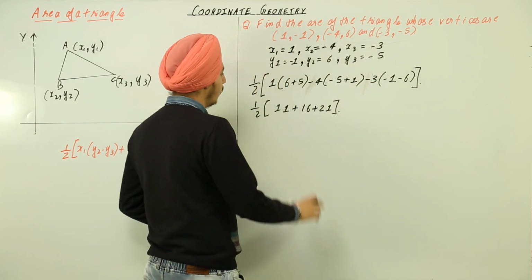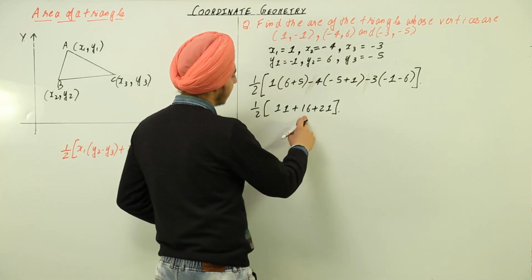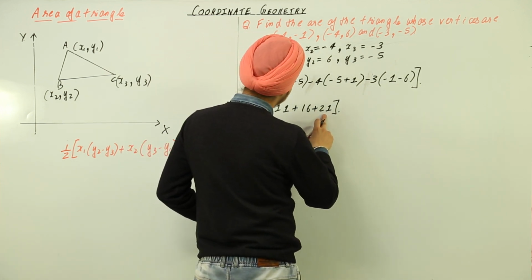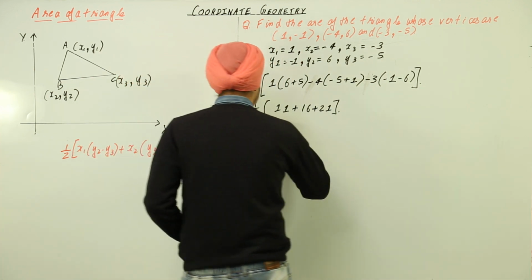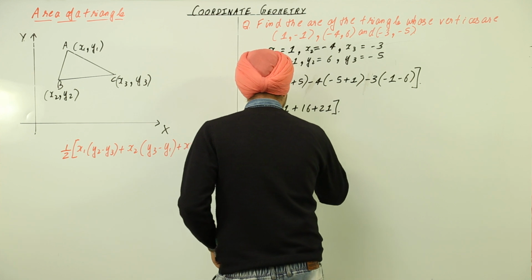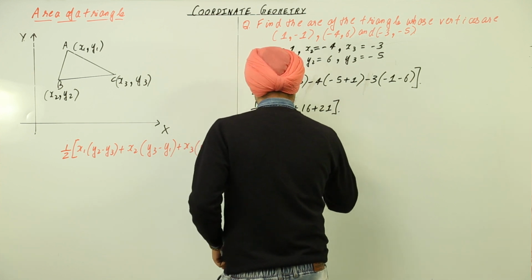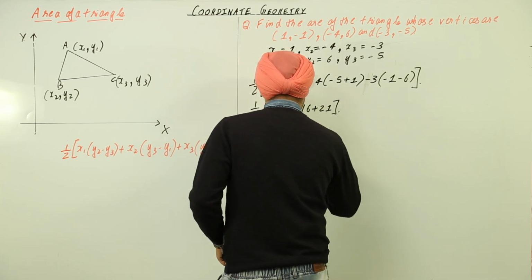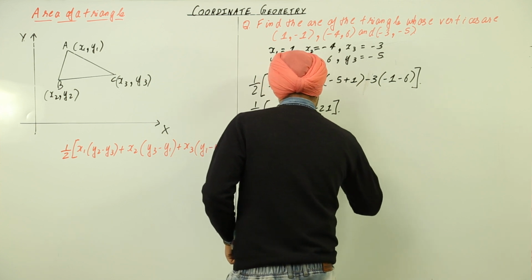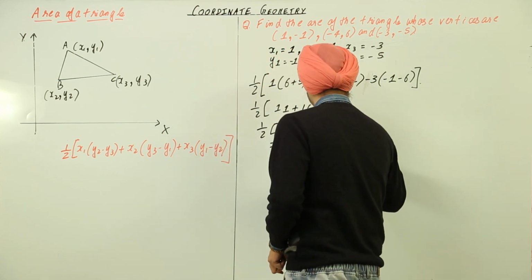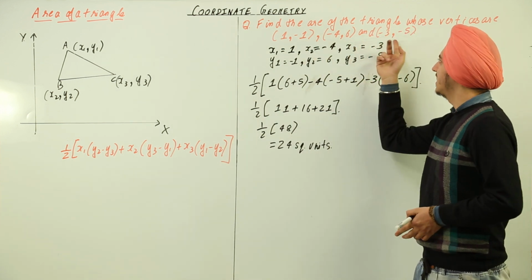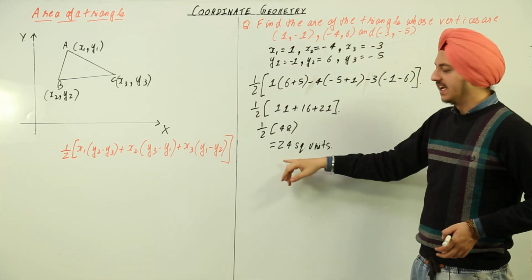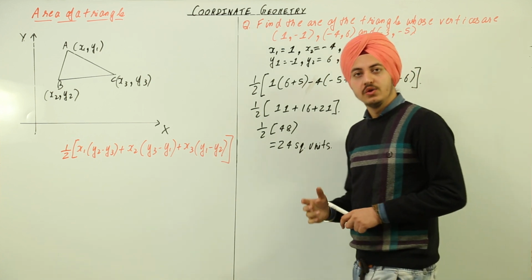Now 16 plus 21 is equal to 37, plus 11 is equal to 48. So this is half into 48, that is equal to 24 square units. So the area of the triangle with these vertices is 24 square units.